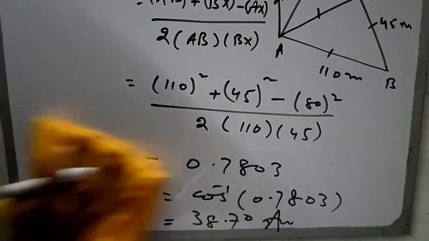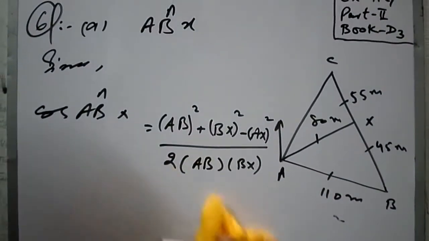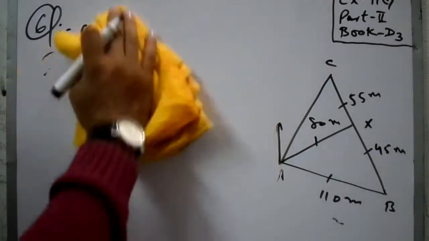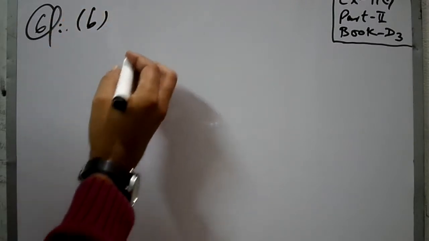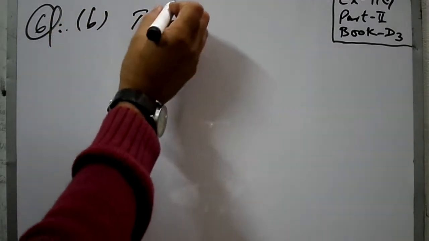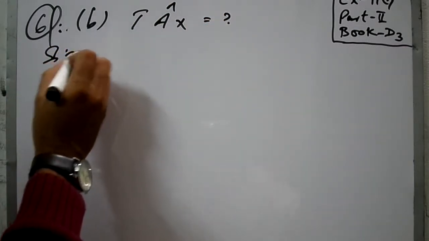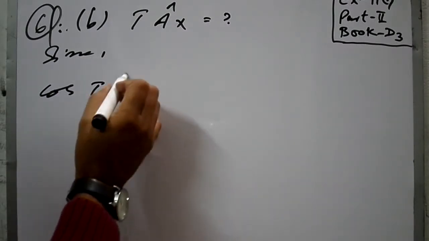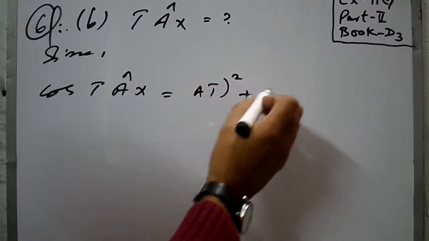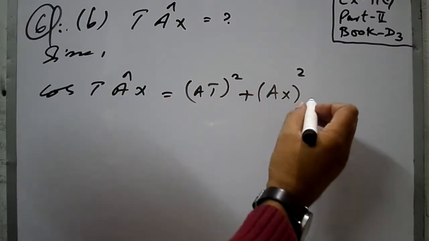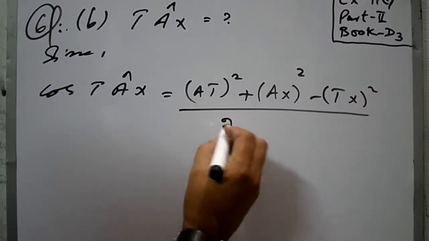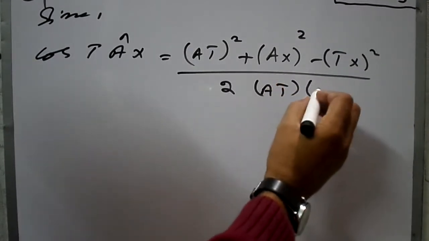Now you see, we have to find TAX. Since we have a formula in this case, that is cos TAX is equal to 80 plus AX square minus TX square divided by 2 into 80 and AX.